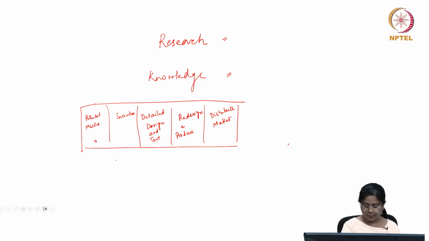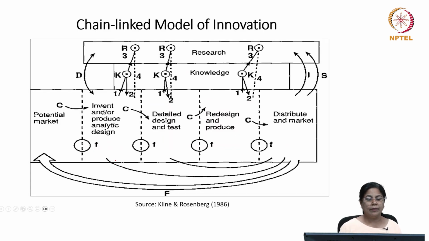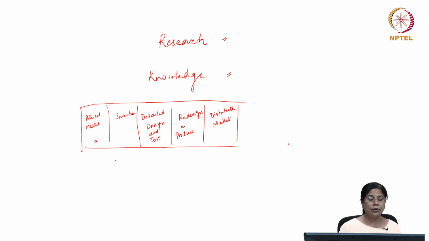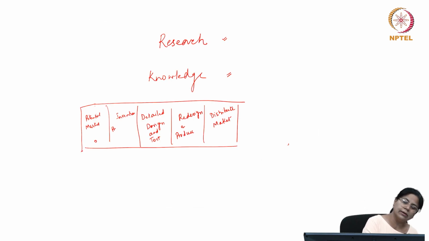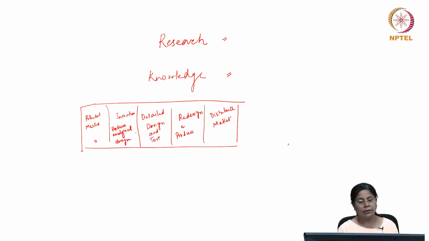Identifying the potential in the market, and then coming to invent the product or produce the analytical design. Then having a detailed design and testing that needs to be done. Then redesign and produce for mass production, and distribute the product in the market. So the linear channel is rather clear.